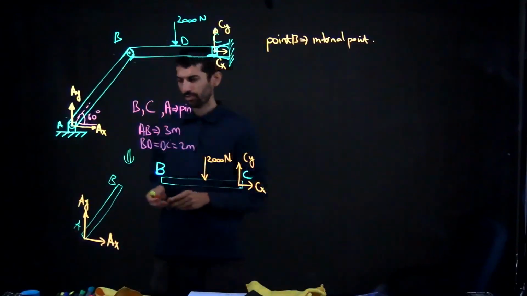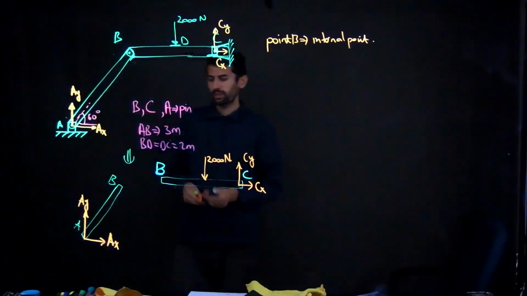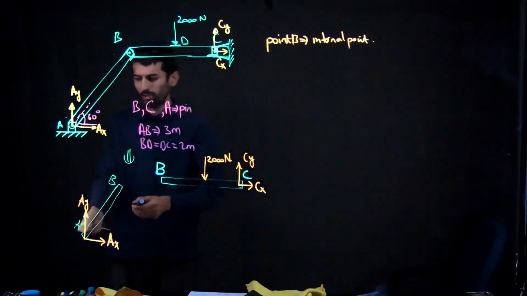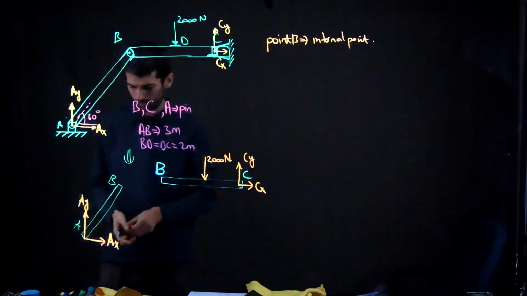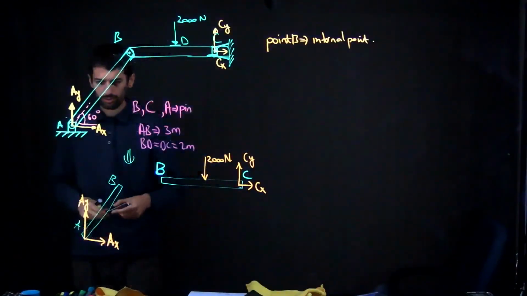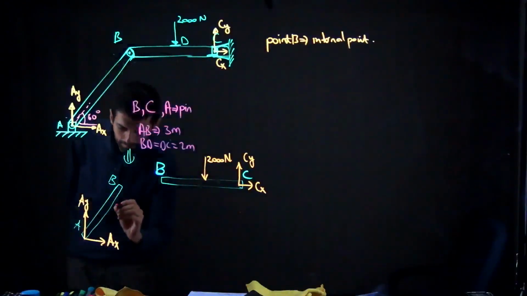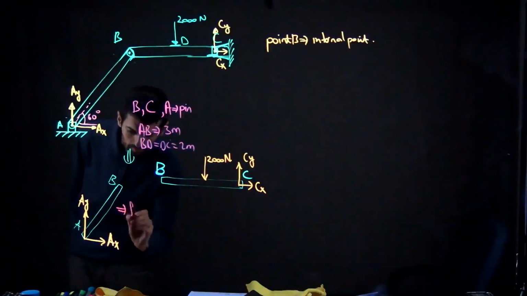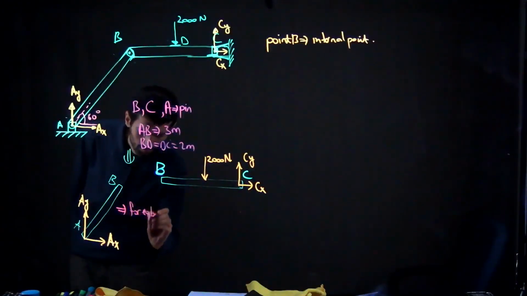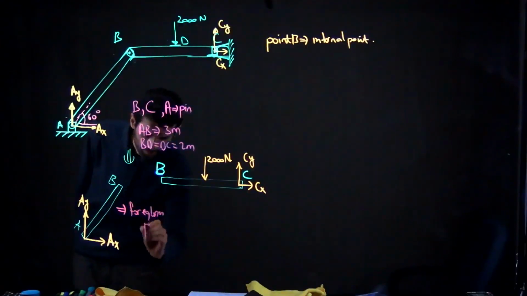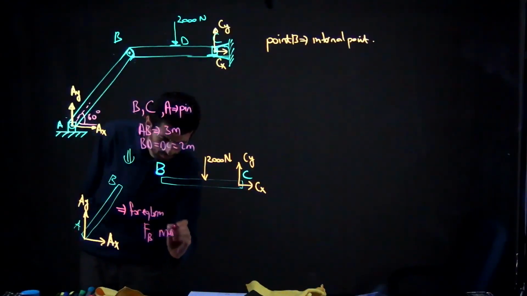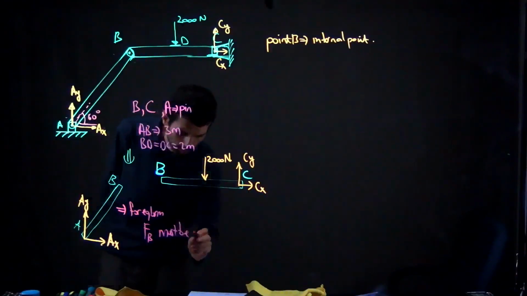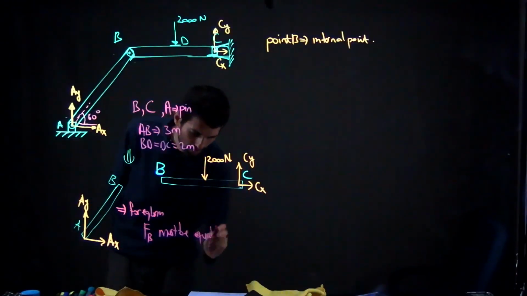So now we have to find what is the force acting on B. So for equilibrium, the force at B should be equal to force at A, but opposite.